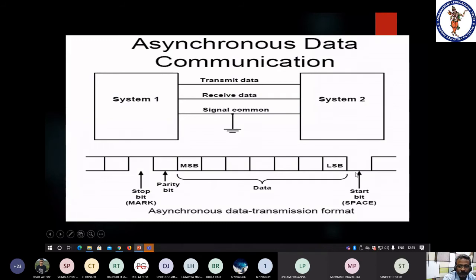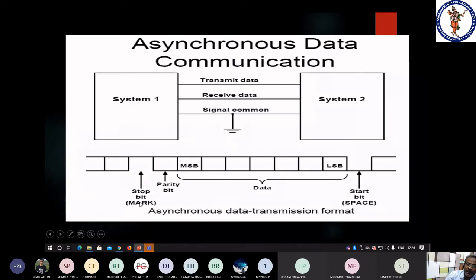This is the start bit, and it is always 0. The stop bit is 1. The parity bit is optional, depending on the system; it may or may not be added, but the start and stop bits are mandatory for asynchronous data communication. This is added for every character.